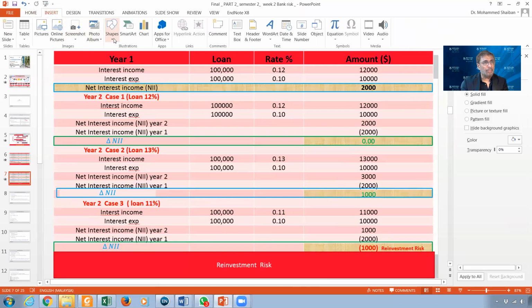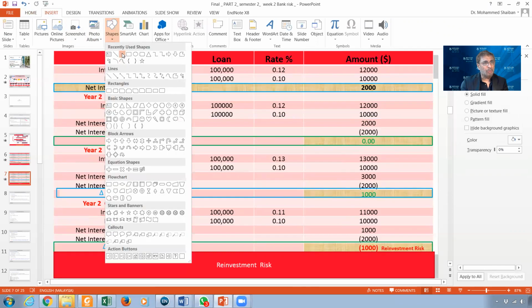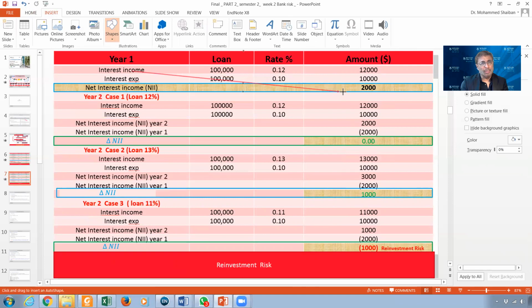Let's go and do the same thing here, and let's look at here. So this is the first year, as I told you, I'm getting 2,000. But now what is fixed is actually my deposit. Now I'm having a deposit for 2 years and a loan for 1 year. So deposit, I will pay 10% the first year, 10% the second year, under the 3 cases.